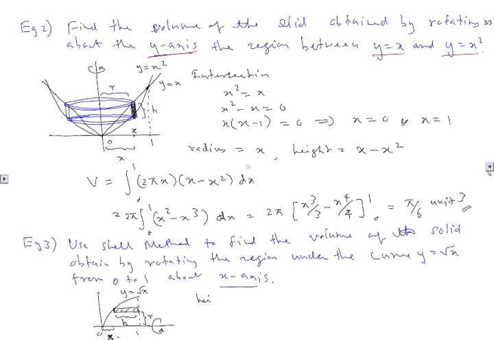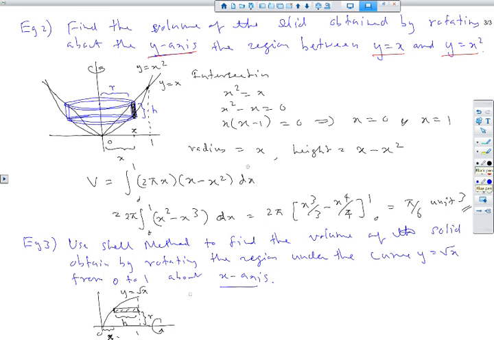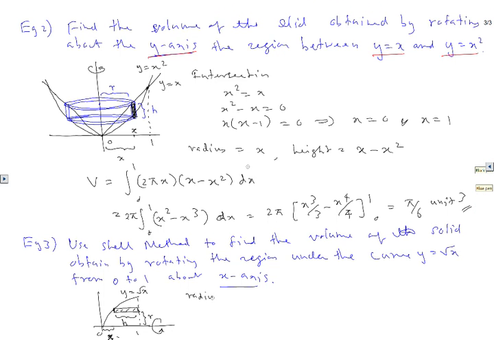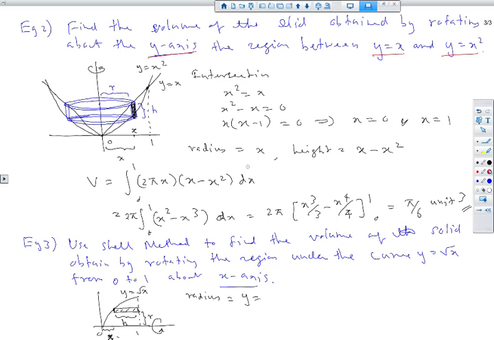Let's go with the radius first. The radius is measured from the axis of rotation. So this is radius r, but it is simply the y coordinate now. Then also the height.